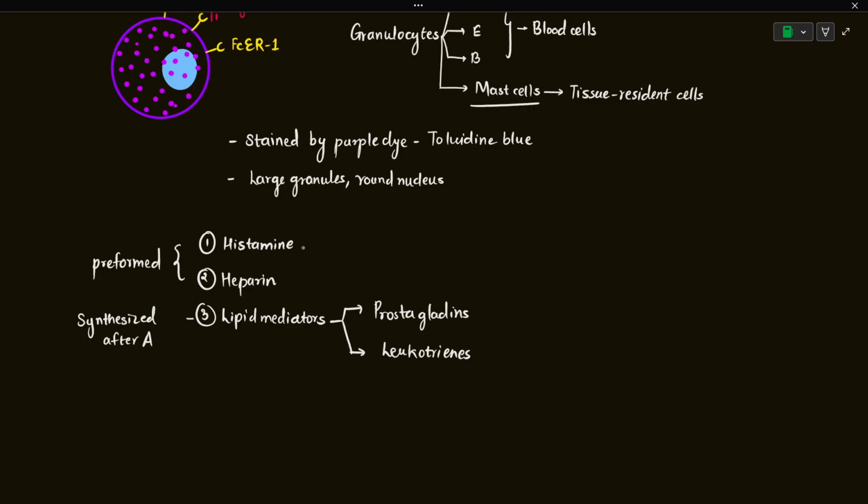Histamine, as discussed in the last class, in the basophils class, is a vasoactive molecule. This is going to control the vascular permeability. It results in vasodilation and increased vascular permeability.